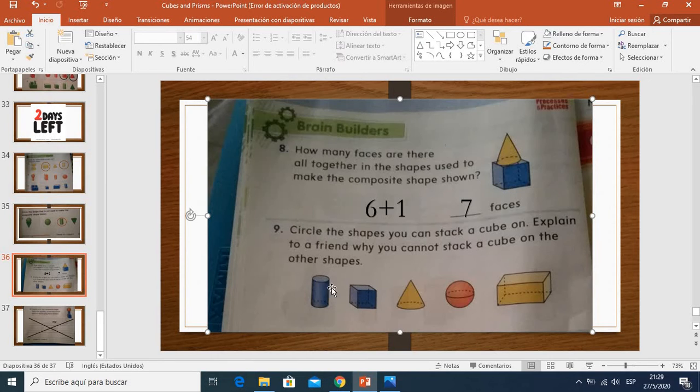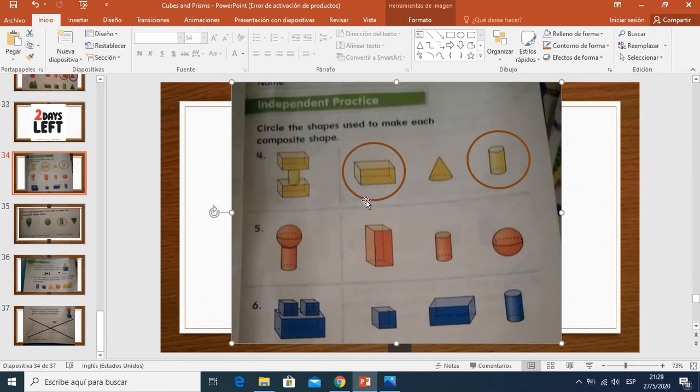Is the cylinder going to support the cube on top? What do you think? For example, can I put a book over a glass? Yes, guys, it is possible.